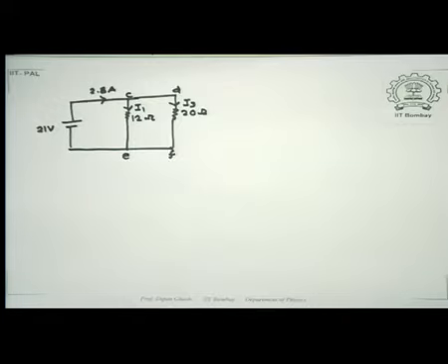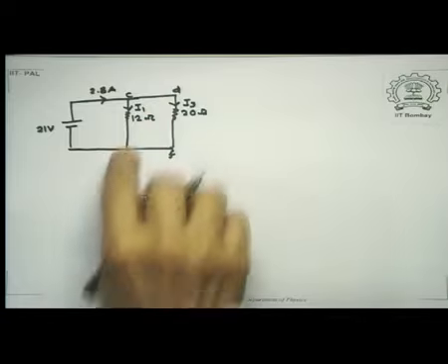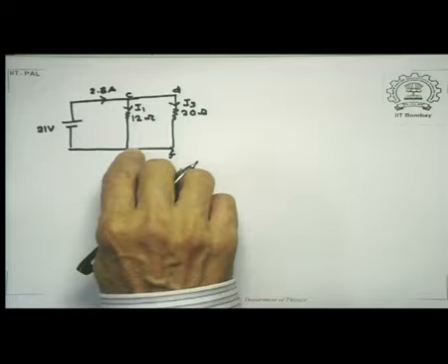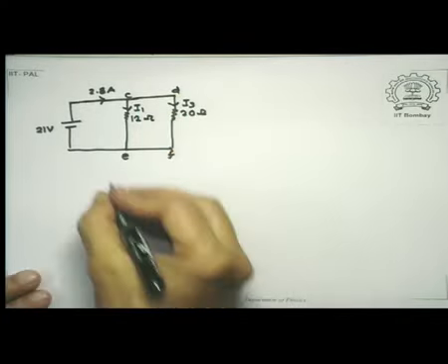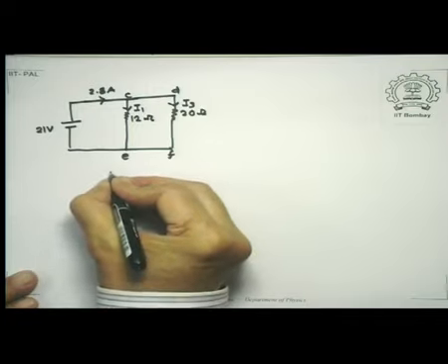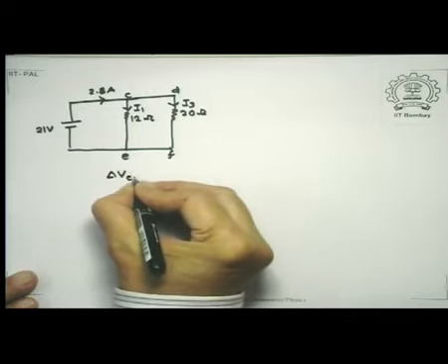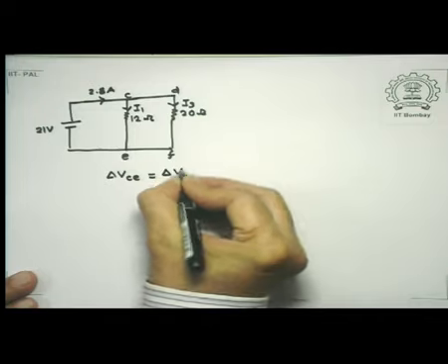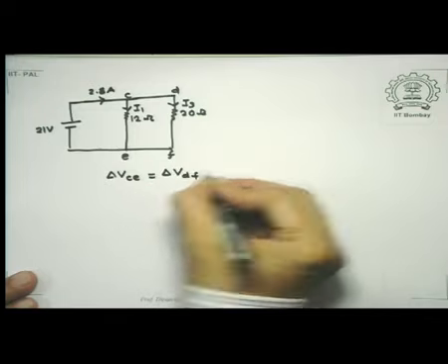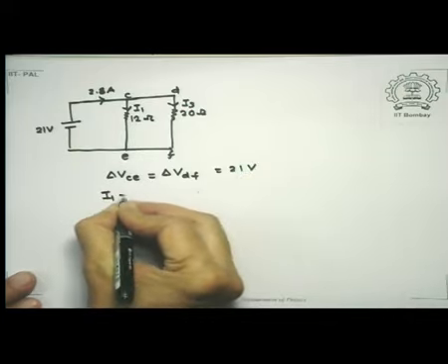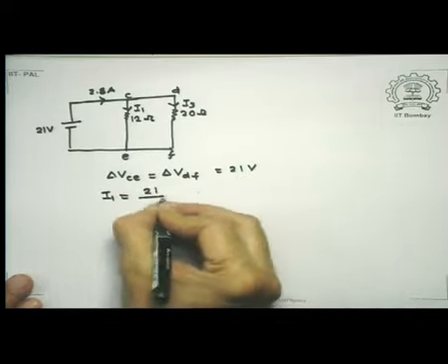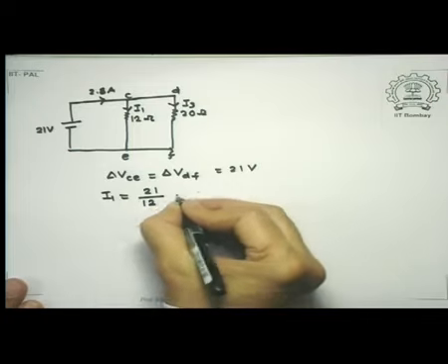This was the situation where the A, B were not connected. So in this case, the drop across CE is the same as the drop across DF is equal to 21 volts. So delta V CE is delta V DF is equal to 21 volts. So therefore my current I1 is 21 divided by 12, that is R1 plus R2.